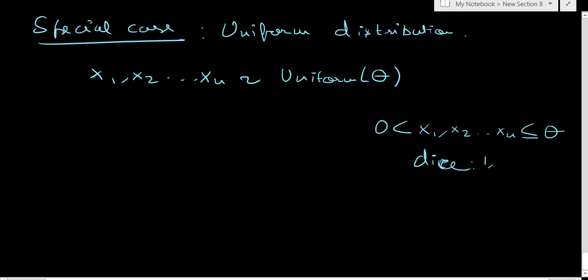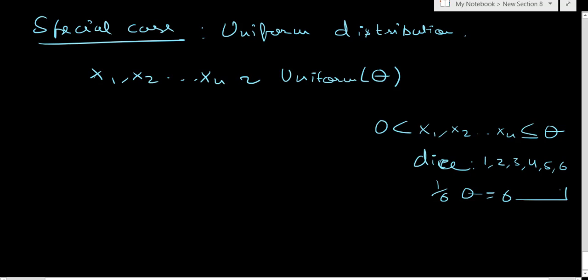A dice has one, two, three, four, five, and six, six faces with all these demarcations on it. The probability of getting any of these is 1 by 6, and theta in case of a dice is obviously 6.